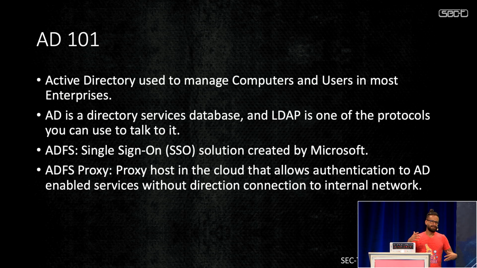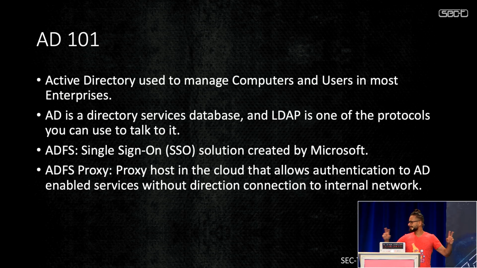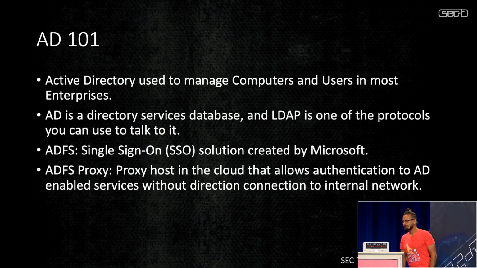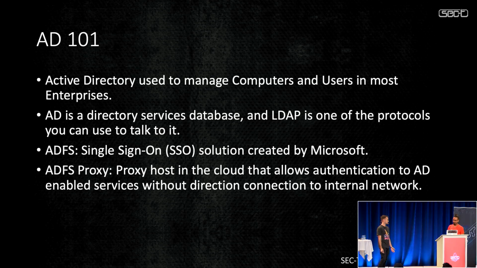So, to translate the geekanese, you have the ability to authenticate to Active Directory without actually exposing any of your AD servers, your domain controllers, out on the internet. So you'll probably have a VPN or some kind of tunnel between them, and it wouldn't just go on the wire through a regular internet connection.